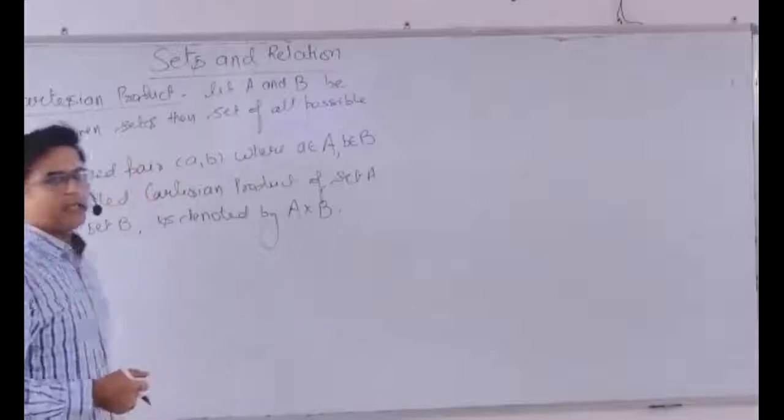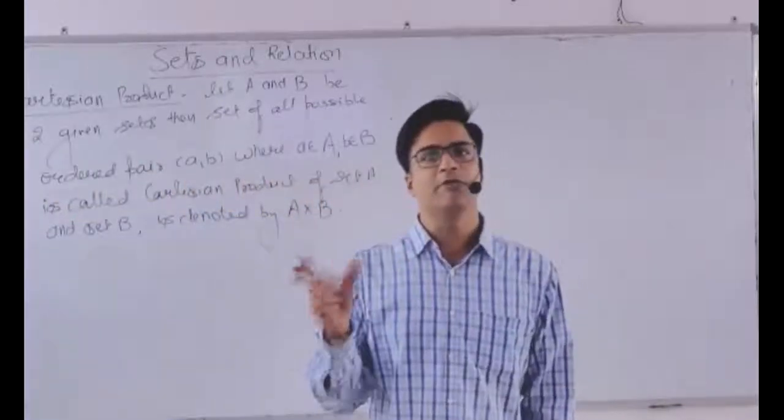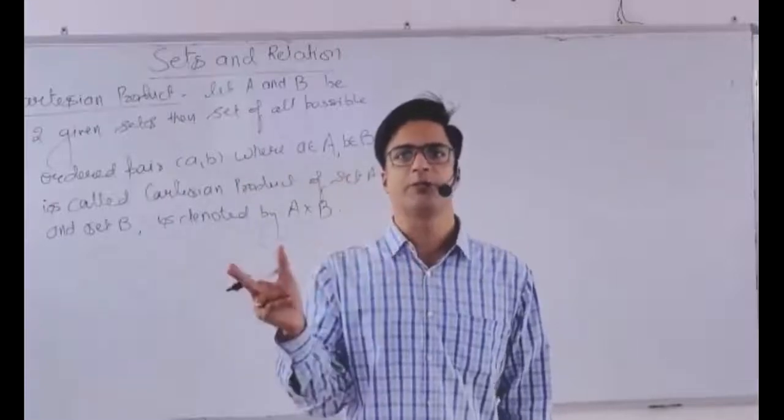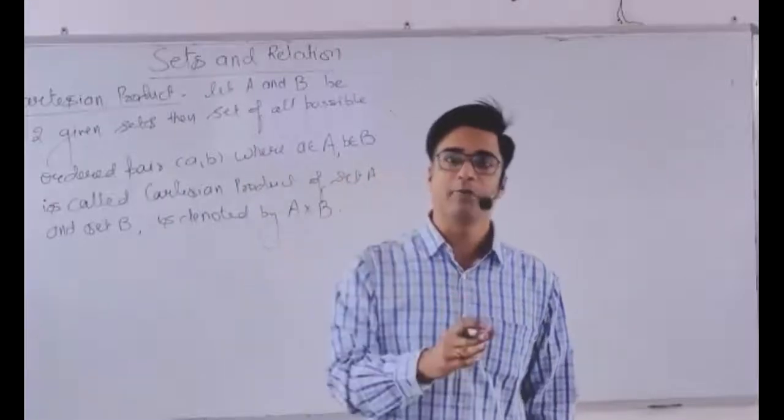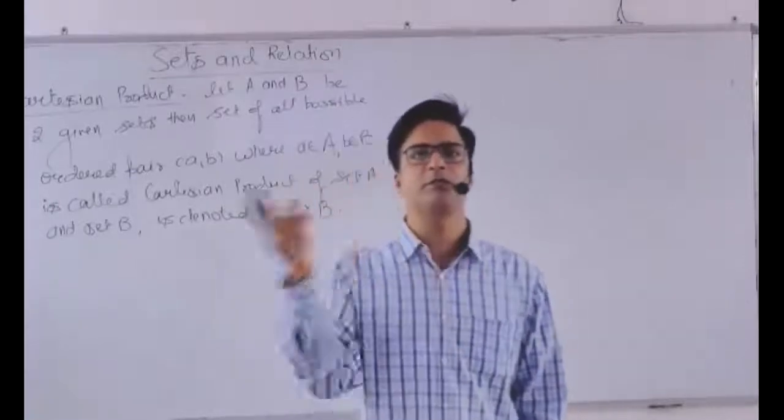Let's say two sets A and B are given. Then the Cartesian product of set A and set B is denoted by A cross B. If we define B cross A, then this will be the Cartesian product of set B with set A.